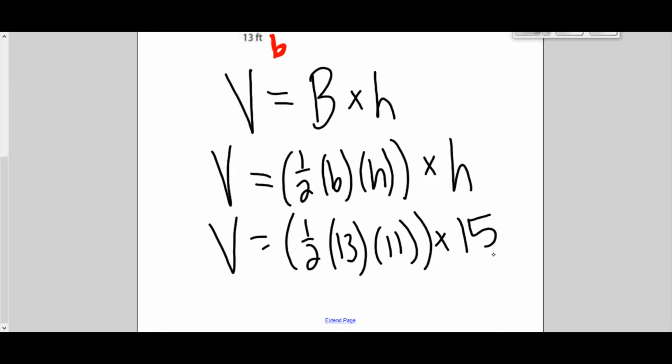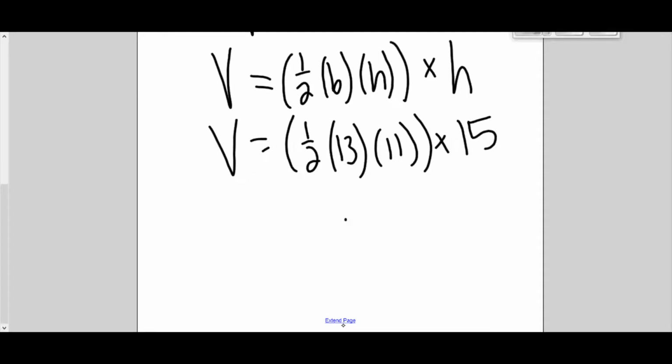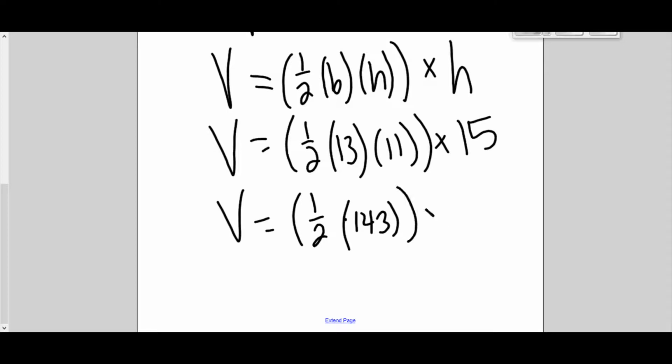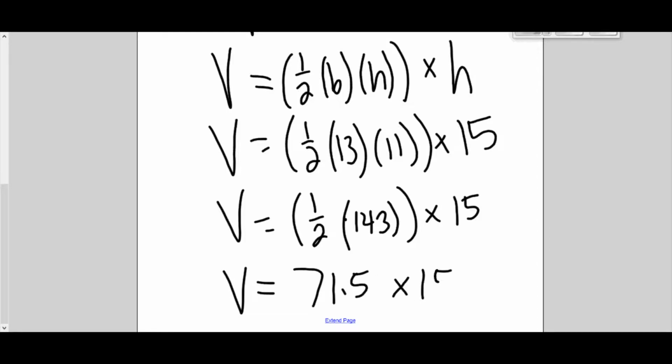So again, this is a job for your calculator. And I'll do this one step by step. So the volume is going to be 1/2 of 13 times 11 is 143. And then I'm going to leave my times 15. So I can do 1/2 of 143. It is 71.5 times 15.